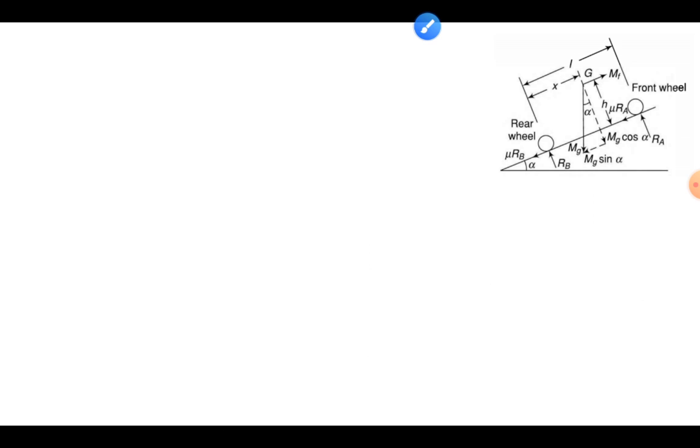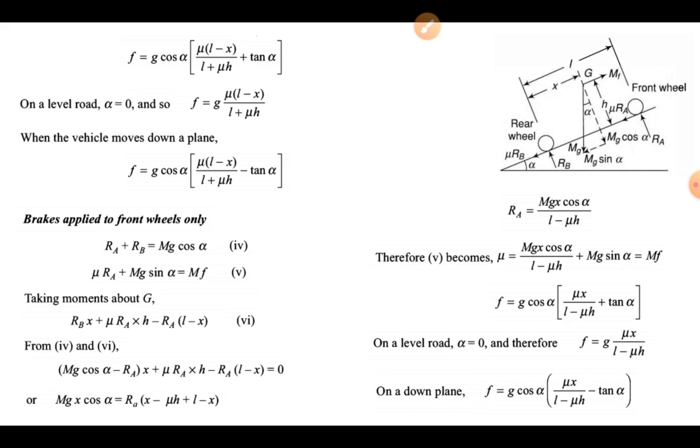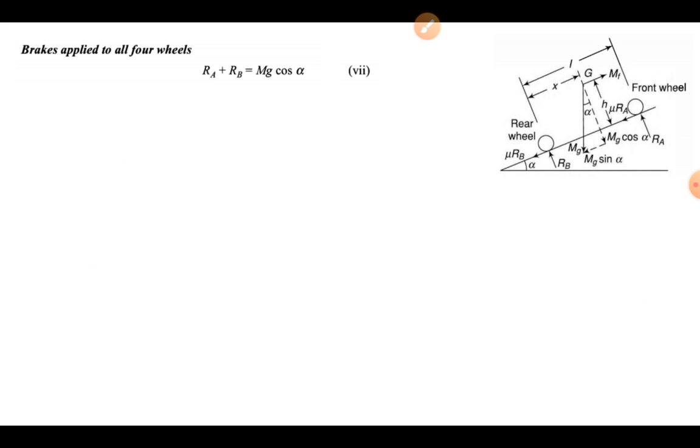Next, when the vehicle is moving down plane or downhill, you will find the value of retardation given by this formula, right? So this is the value of retardation for uphill and downhill, when the braking is applied on front or rear wheel, right?